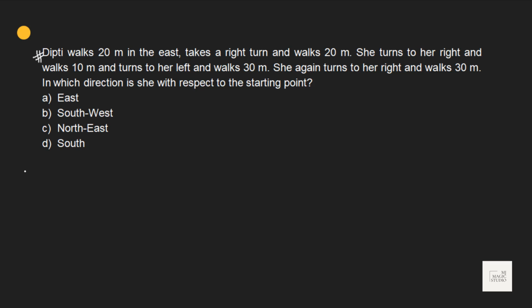Now again, Deepti has lost somewhere. Deepti walks 20 meters in the east. Deepti is here, D. East is here, E. So 20 meters. She takes a right turn. Heading towards east and then taking a right turn means moving towards south, and she walks 20 meters.